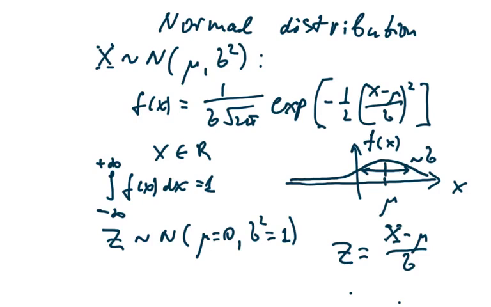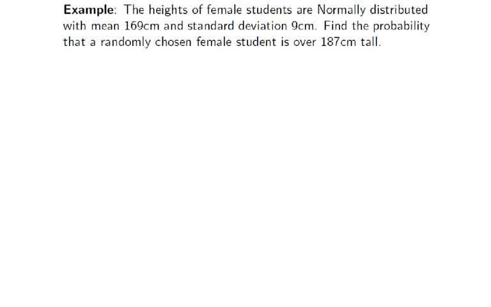Now we can get to our first problem and try to solve it. In this example, the heights of ML students are normally distributed with mean value which equals 169 centimeters and standard deviation 9 centimeters. In this problem, we're supposed to find the probability that a randomly chosen female student is over 187 centimeters tall.